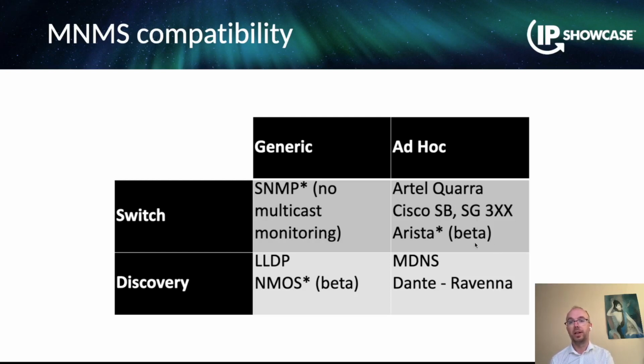Arista is still in beta. We also have discovery, which is using LLDP and NMOS, in beta as well, and also ad hoc discovery. Those two are mainly for audio networks: mDNS, and the Dante and Ravenna discovery.